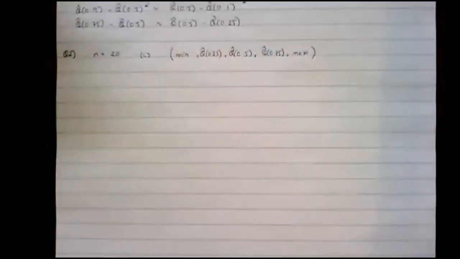Now, Sarles has been very generous to us, and he has ordered the data for us already. So it should be fairly easy for us to find the minimum and the maximum of the values that he's given us. If you take a look at the sample, you can see they're all nicely ordered, and the smallest one of them is going to be the minimum value.